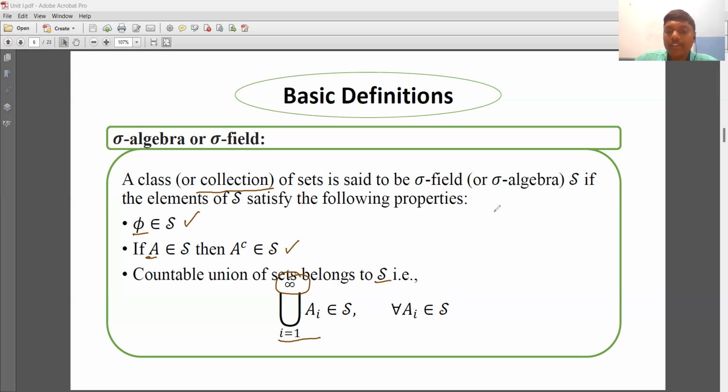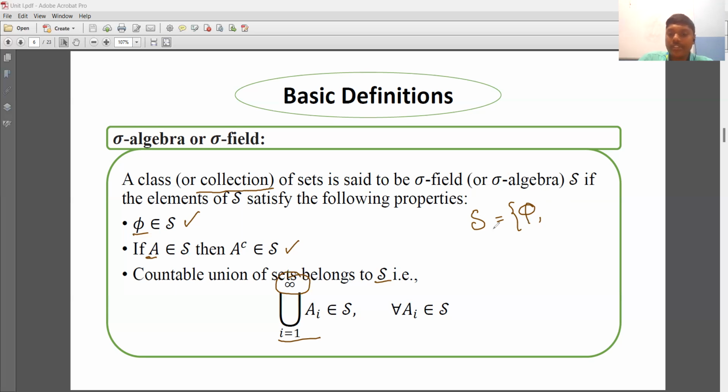Suppose I have script S. If I want to construct the sigma algebra, the first rule says that the null set should be an element of it. The second rule says that if I have a set belonging to the collection, then its complement must be there.